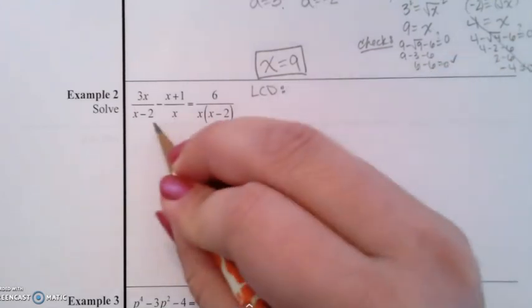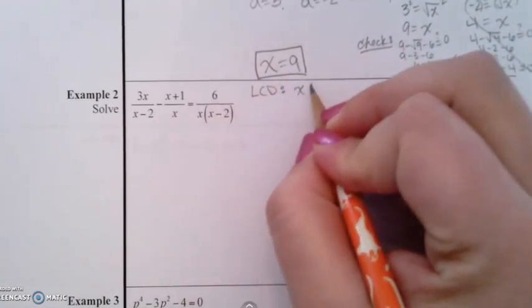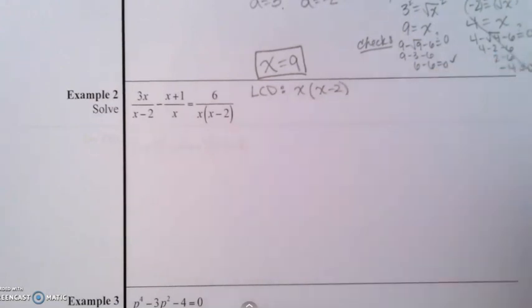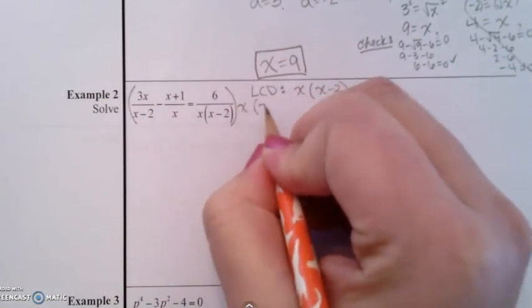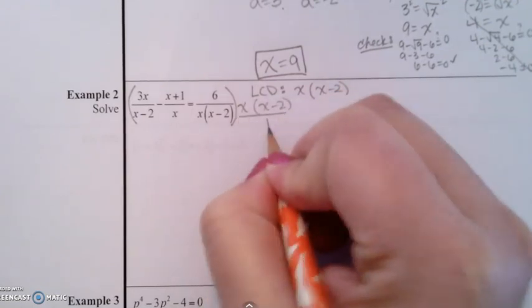Our LCD, looking at our denominator, should be x times the quantity of x minus 2. So that's what I want to multiply all of these fractions by. X times x minus 2 over 1.